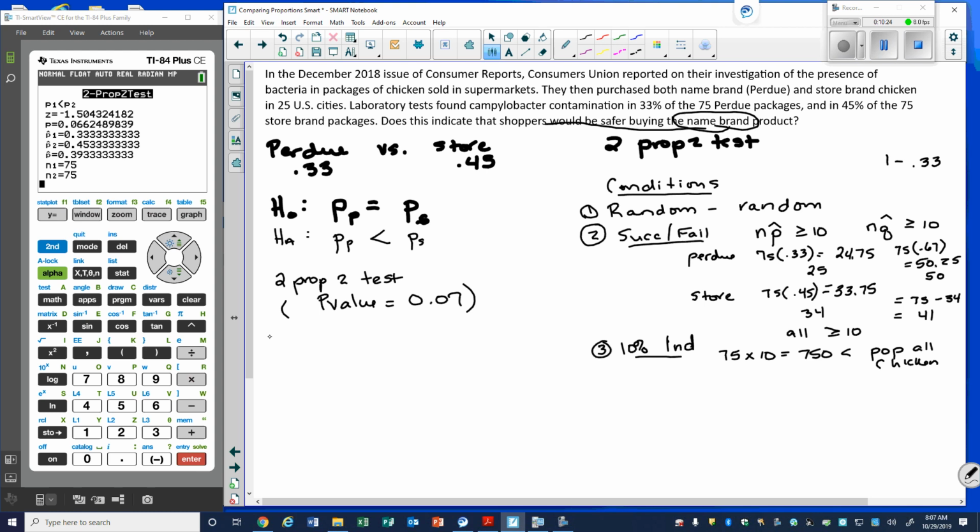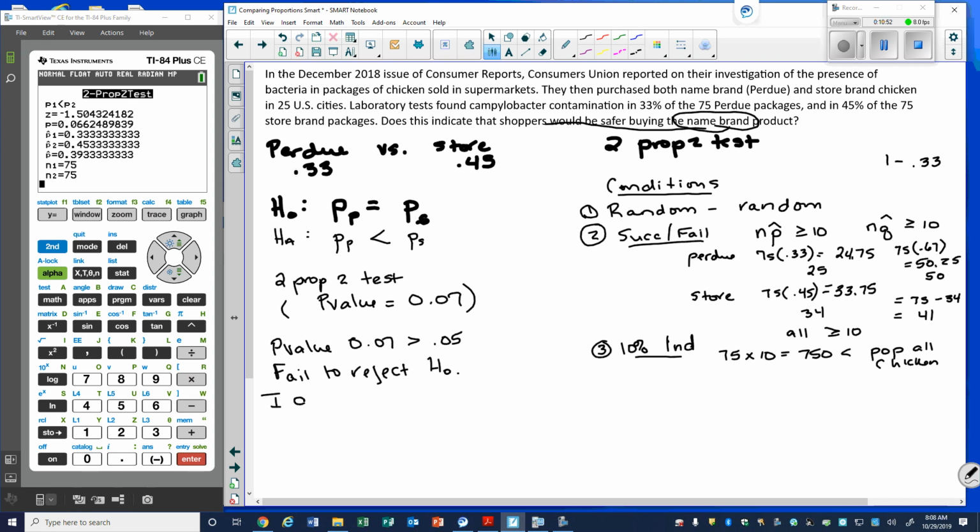And I am typically going to use a 95% confidence level to run these tests unless otherwise stated. So since my p-value of 0.07 is greater than the alpha level of 0.05, then I am going to fail to reject the null hypothesis.